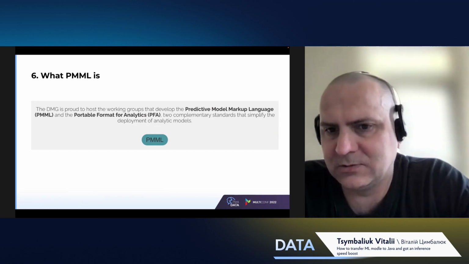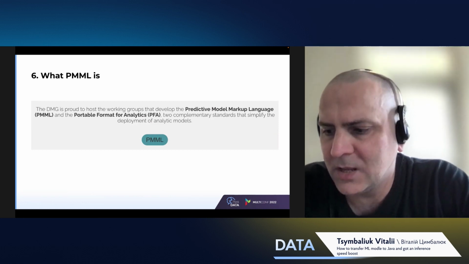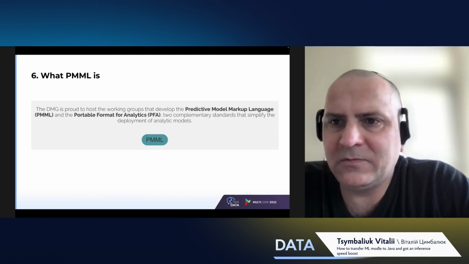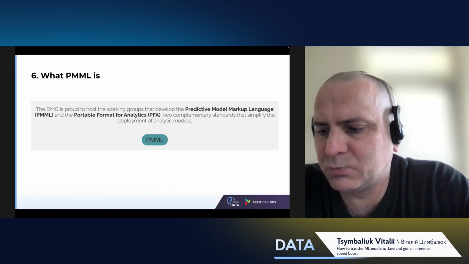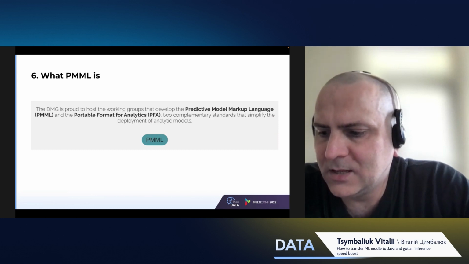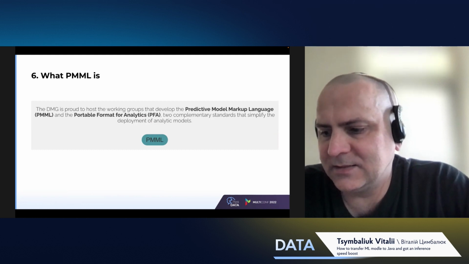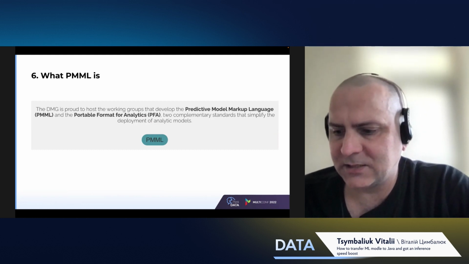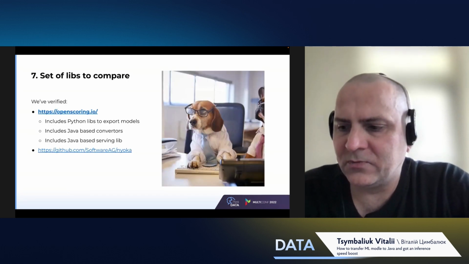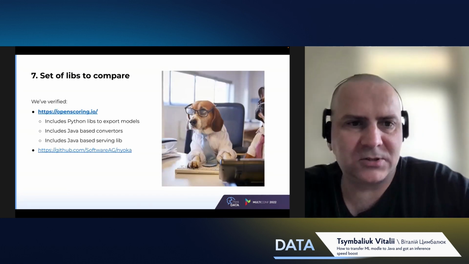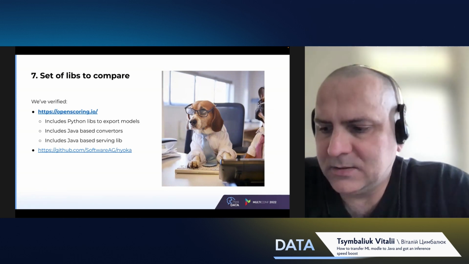We can use Scikit-learn models, we can use XGBoost and so on. And even better, the libraries that we found support steps like preprocessing the data that can be integrated in the model. So these are the 2 libraries that we found: one is JPMML, and another is Nyoka.